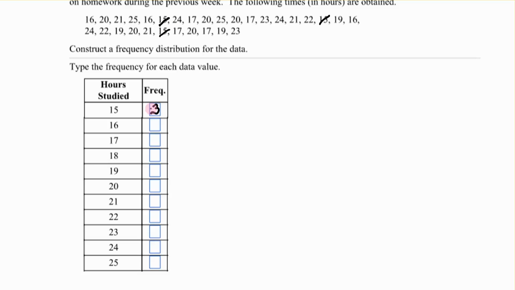How many used 16 hours? 1, 2, 3, and that's it. 3 people reported that. 17. I have 1, 2, 3, 4. 4 people reported that they studied for 17 hours. 18 hours.